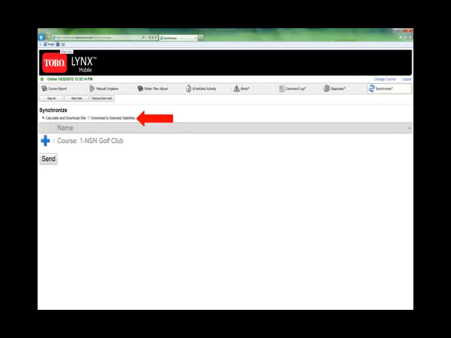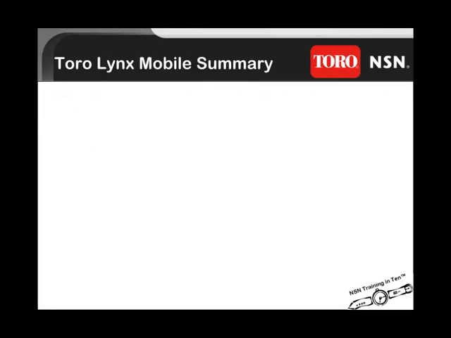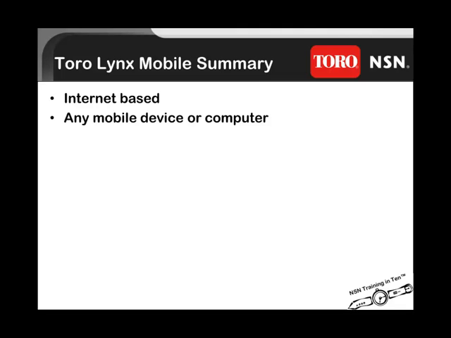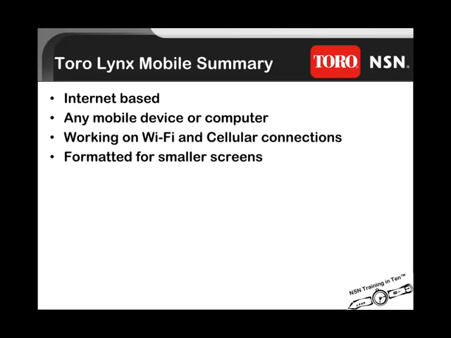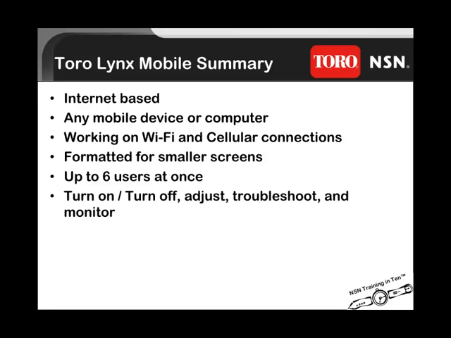So to review, Lynx Mobile is an internet-based application that can be run from any internet-accessible mobile device or computer, as long as it's connected using a Wi-Fi or cellular connection. The application is specifically formatted for smaller screens so that you can view the information easily. Up to 6 different users can access the same database at the same time using different devices, and with Lynx Mobile, you can turn on, turn off, adjust, troubleshoot, and monitor your Toro Lynx database running the irrigation on the course.